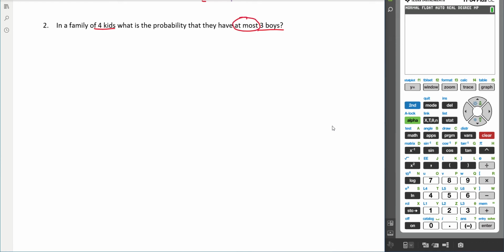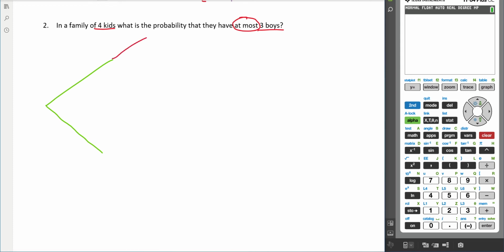We're going to do it with the tree diagram to show you, but I just want to remind you that you could do the whole choose thing. What we're going to do is branch off per kid.